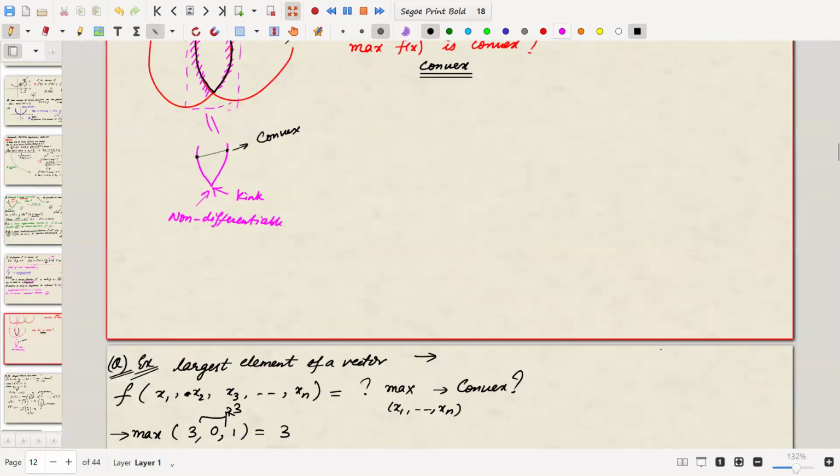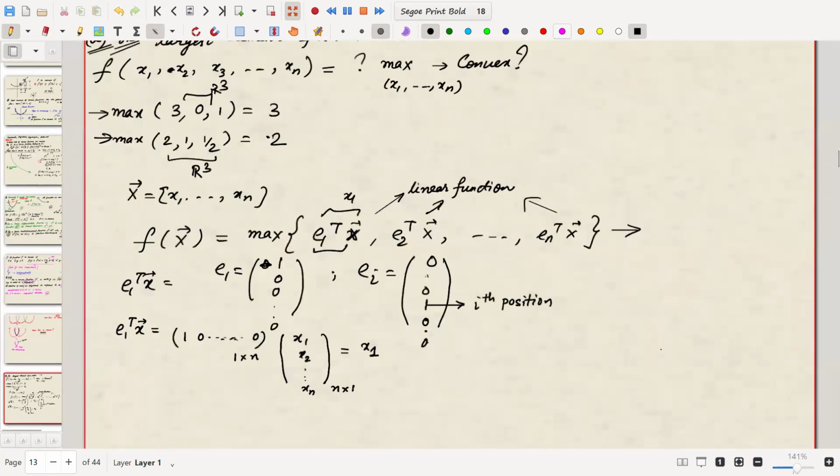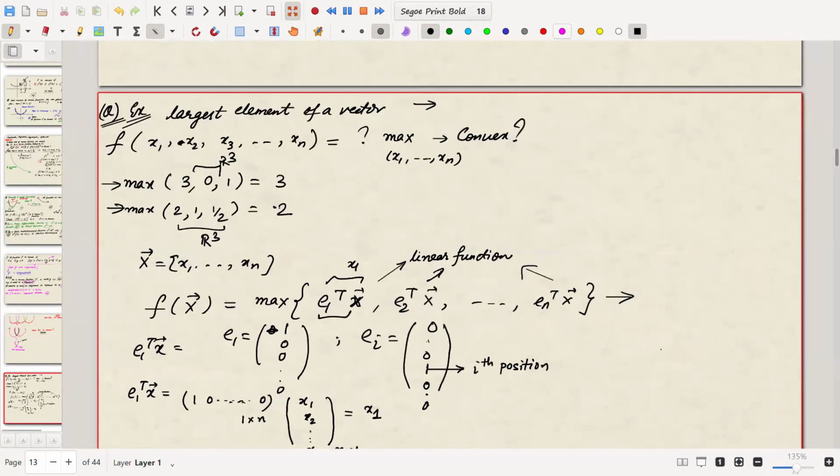The same thing I am doing here. You are taking the largest element of a vector; I wrote the elements of the vector as linear functions using Ei transpose x. So the problem of the largest element of a vector got converted to this problem: you are taking the maximum of a set of linear functions.